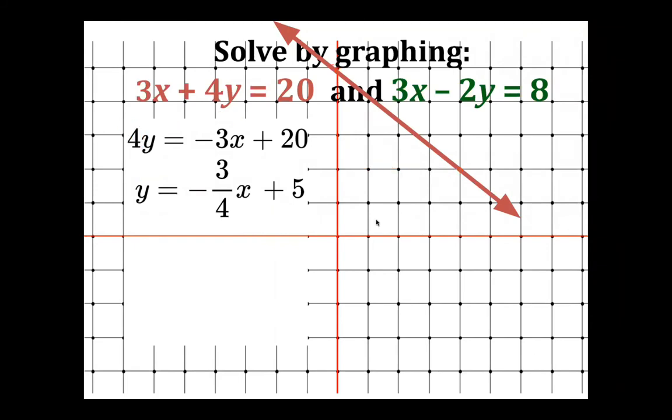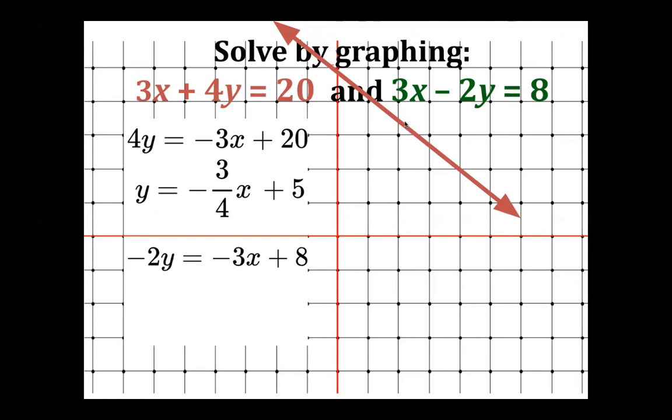We have 3x minus 2y equals 8. I'm also going to rewrite this in slope-intercept form, even though it's already in standard form, because I don't think the numbers would work out too well, especially if you do try to find your x-intercept. 8 over 3x wouldn't really work too well, so I'm just going to rewrite it in slope-intercept form.